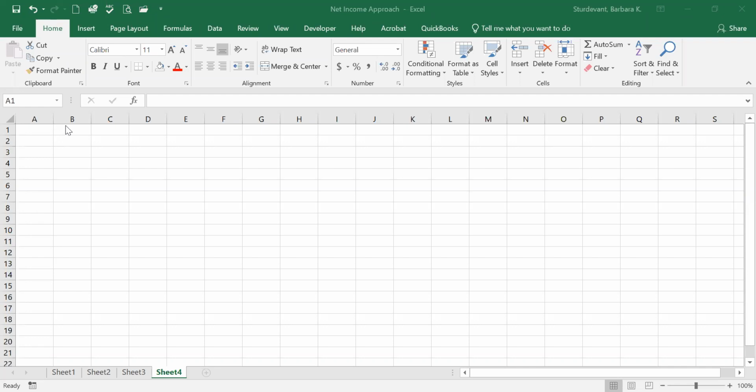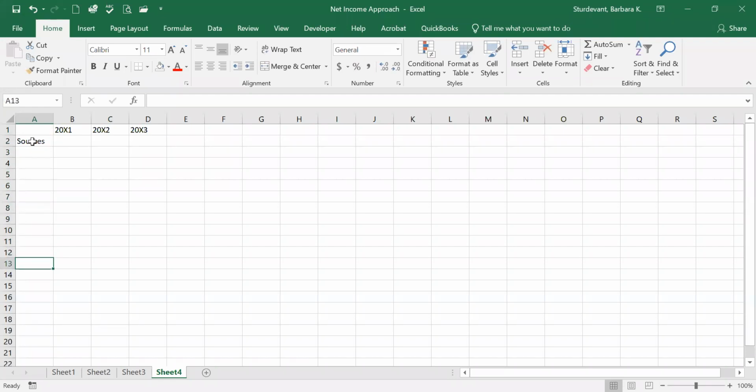All right, so we have 3 years. And if this is the net income approach, we start with the net income. And so we're going to have our sources. This is the way I do it.